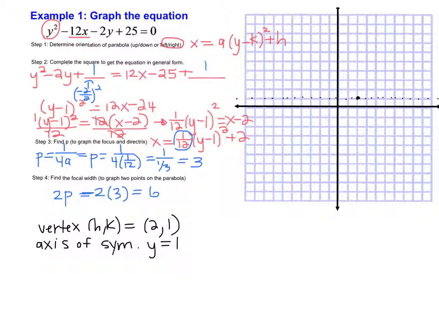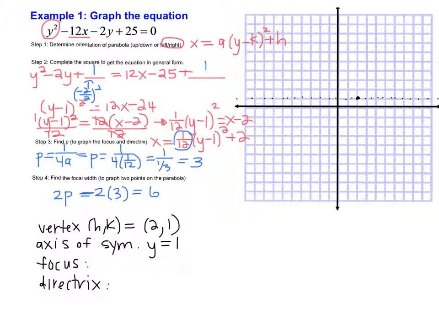Okay, now we need that focus, the directrix, and the focal width. So focus and the directrix. And then the focal width will get us 2 more points. So the focus we know from here is p distance away from the vertex. So let me pick a different color here.